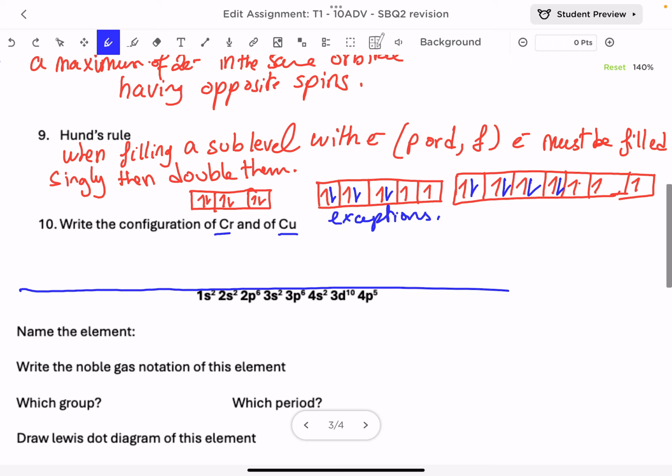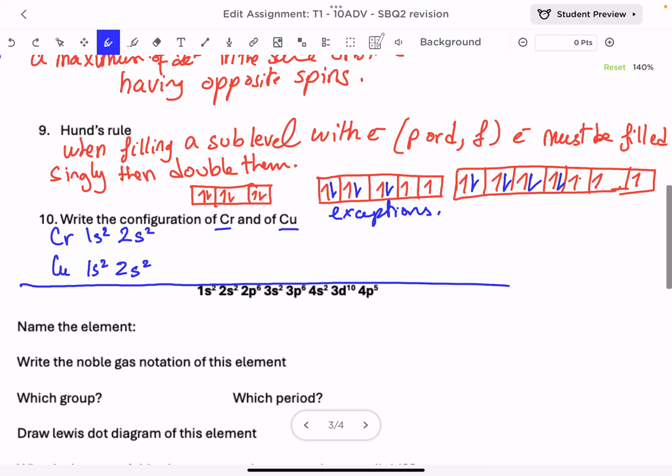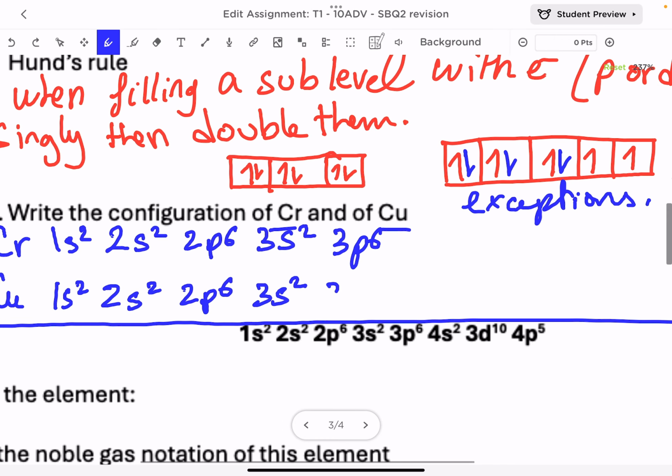It says electron configuration. So for both of them, for Cr and for Cu, I have 1s2, 2s2, 2p6, 3s2, 3p6, and here's the change that you have to pay attention to.